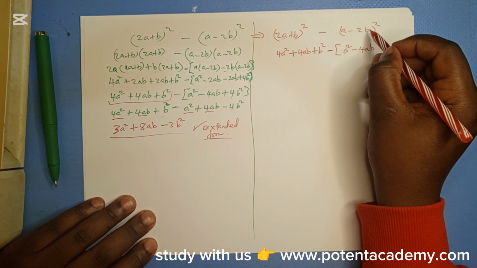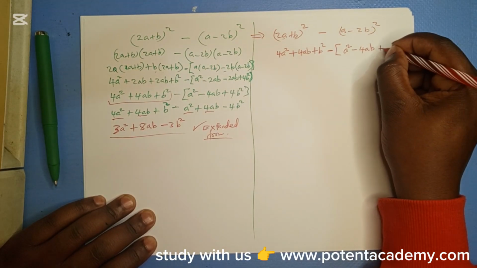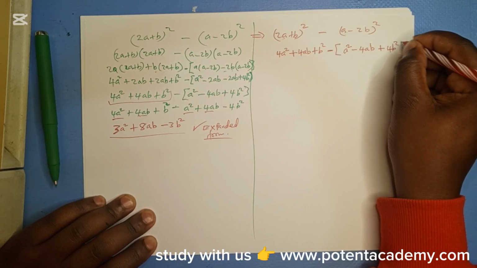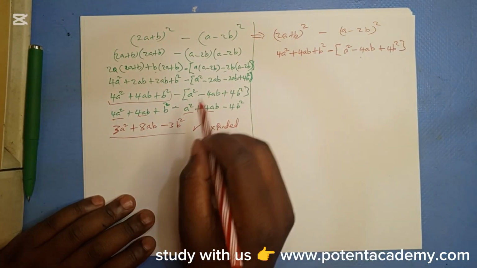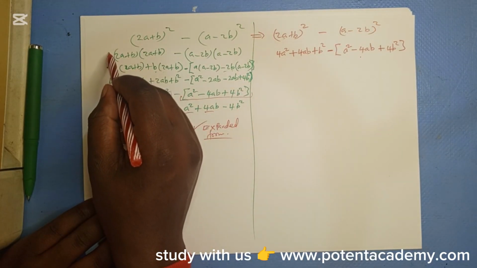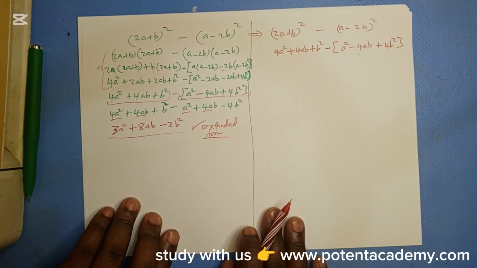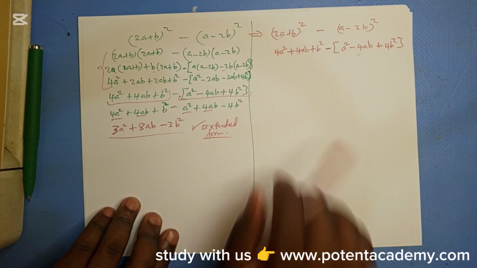Remember it has a negative, so negative 2b times negative 2b will be positive 4b squared. So by this point, this is what you have here. You would have skipped all these 3 steps, and you will not be penalized because it is a process that is available in one of your revision books.